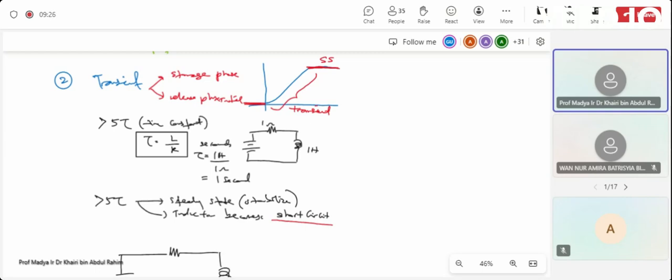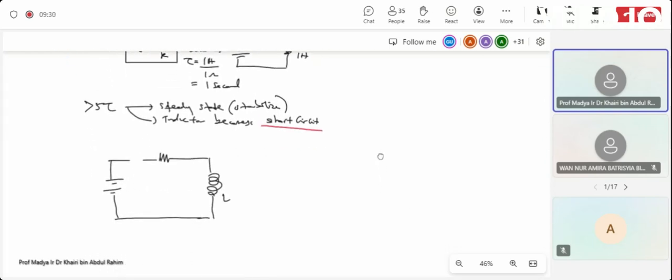Okay, so let's say we have a switch here. Okay, so initial conditions. So once the switch is closed, after 5 tau, this becomes a short circuit, right?